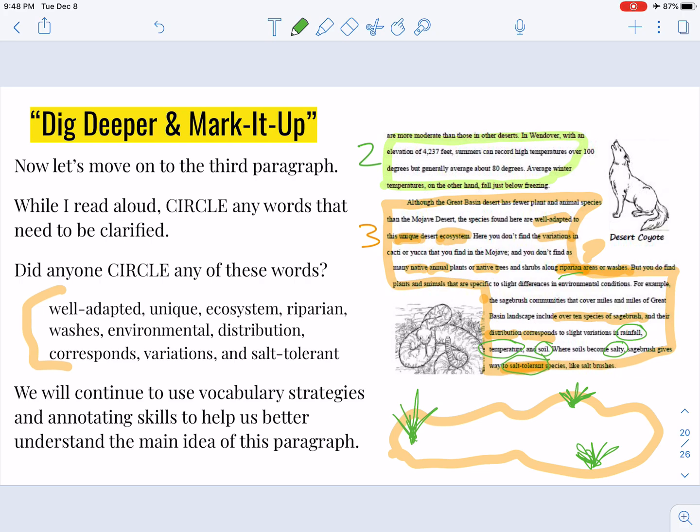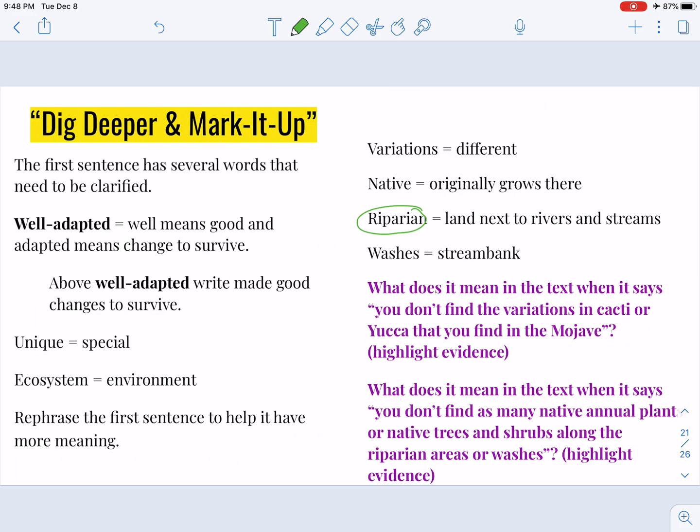Very interesting. I wonder why we're including rivers and streams when we're talking about a desert. Very interesting. Now, hopefully there were some other words that you saw here that help us to understand a little more.